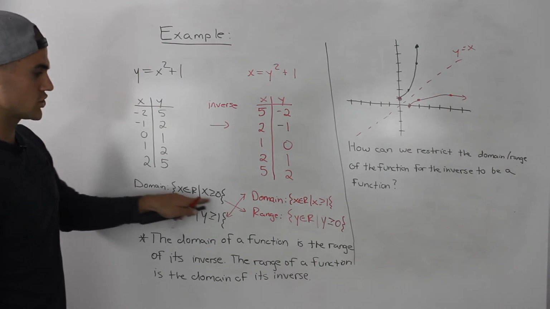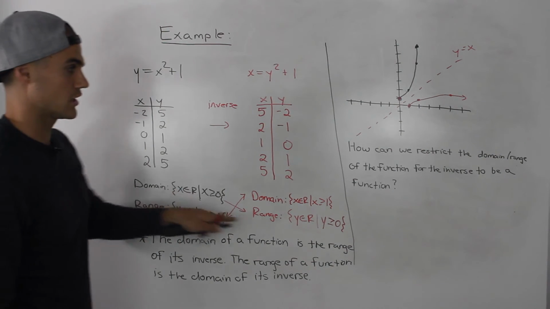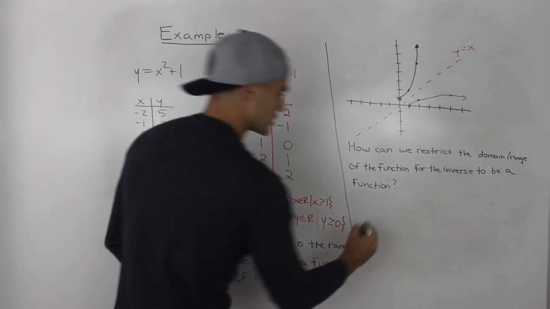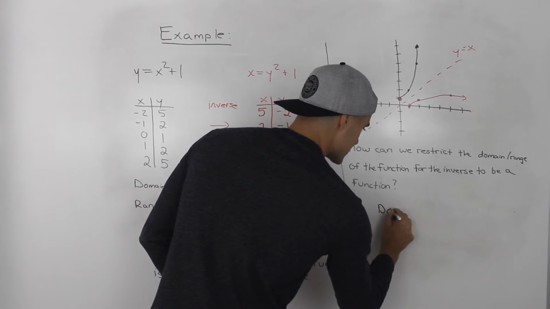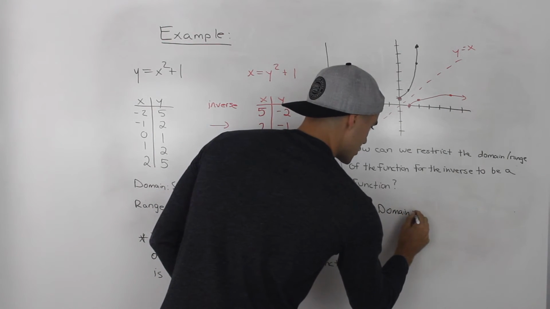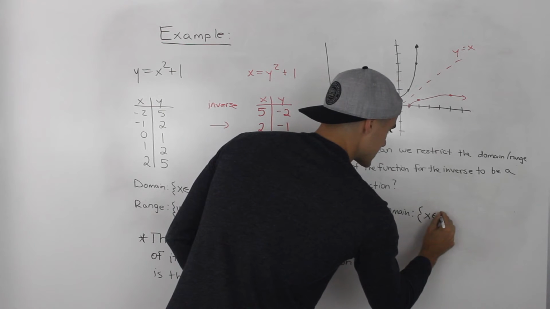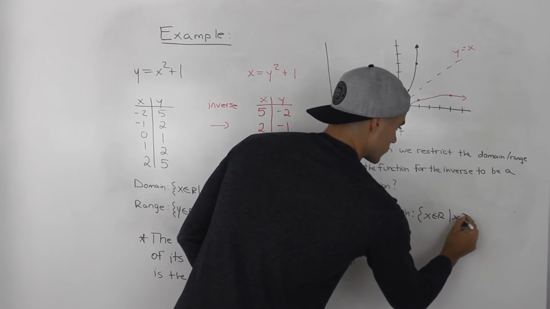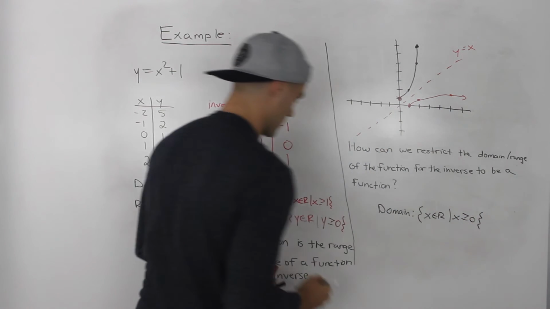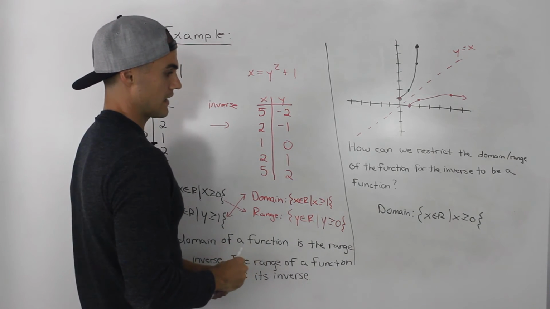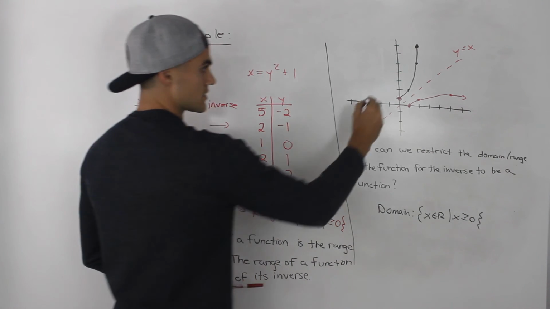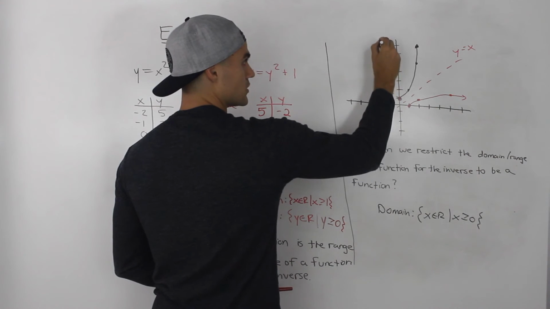So that's the restriction on the original function in order for the inverse to be a function. So the domain has to be restricted on the original function as x, but x has to be greater than or equal to 0. So one more time, let's redraw the original parabola.